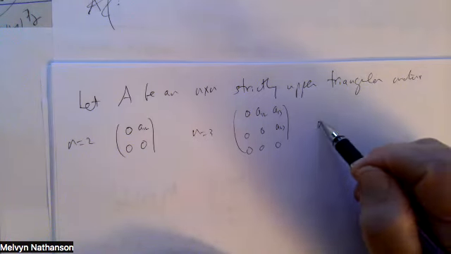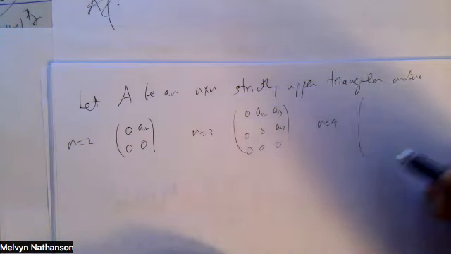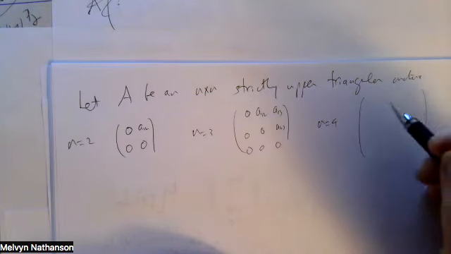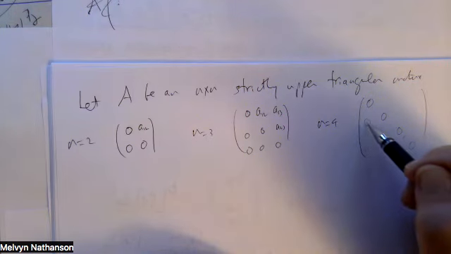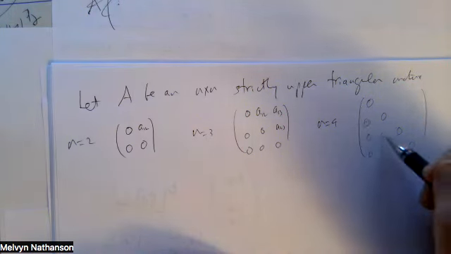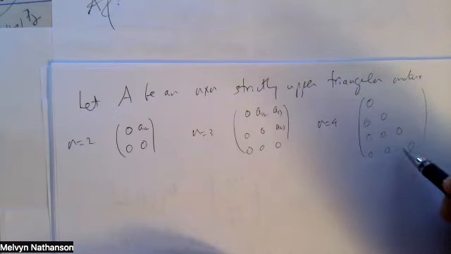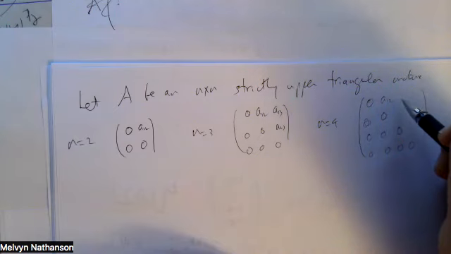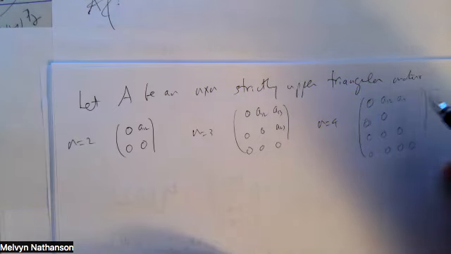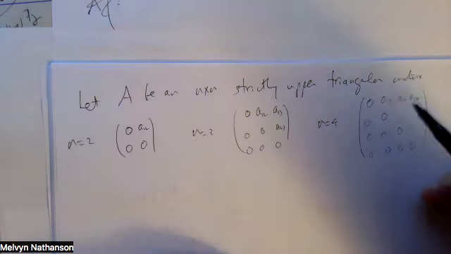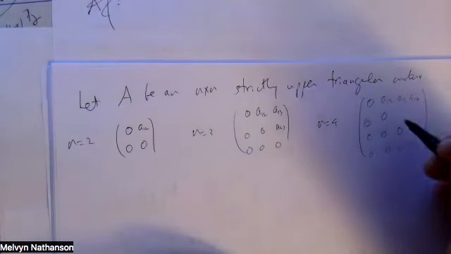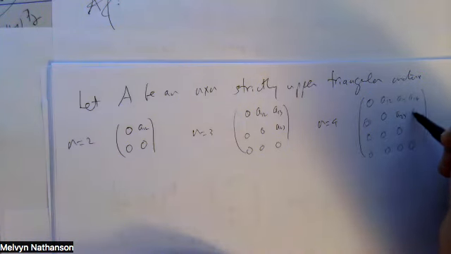They could be non-zero. If n is equal to 4, the strictly upper triangular matrix has zeros down the diagonal and below the diagonal are all zeros. And it's only in this upper triangle, a12, a13, a14, a23, a24, a34.